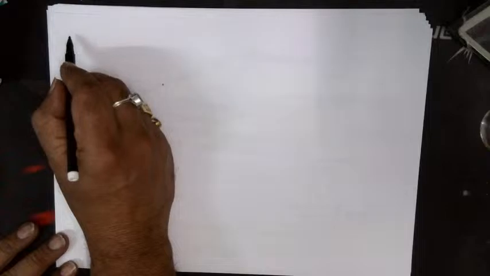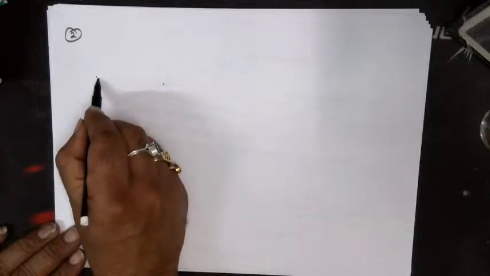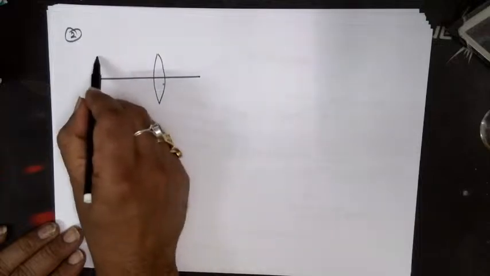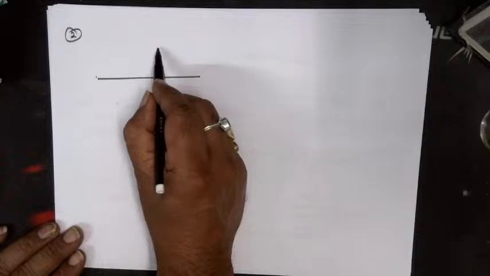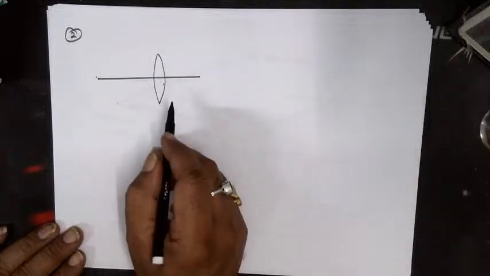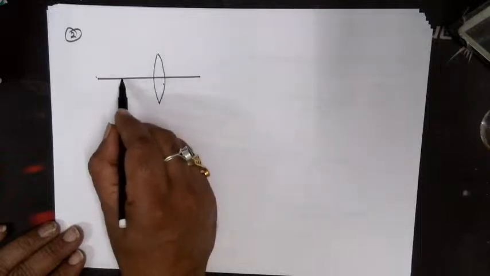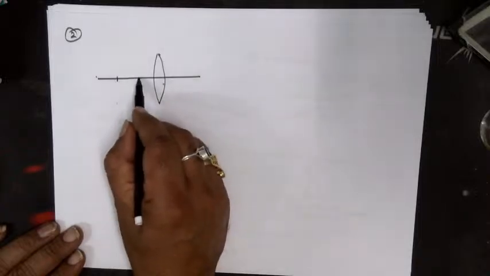Rule number 2. When it travels parallel to the principal axis, so this is the principal axis and this is the convex lens, and let me say this is the radius of curvature of this surface and the focus.